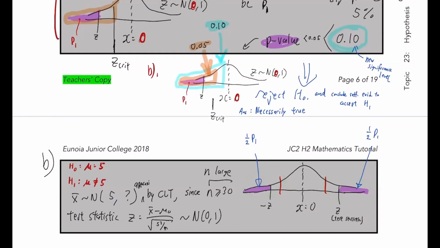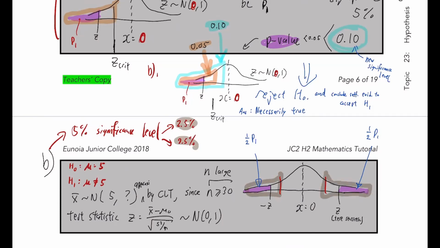The question is talking about 5% significance level, so we split into half: 2.5%, 2.5%. I use brown color. So we need 2.5 here and 2.5 there. Can you see the 2 areas?